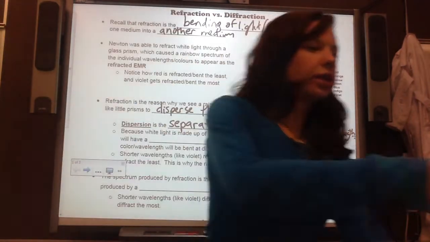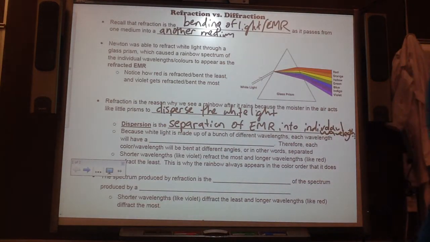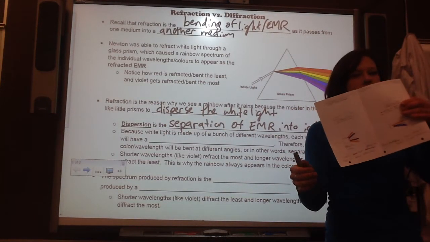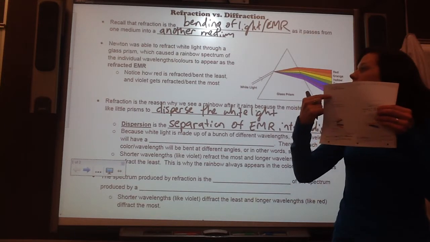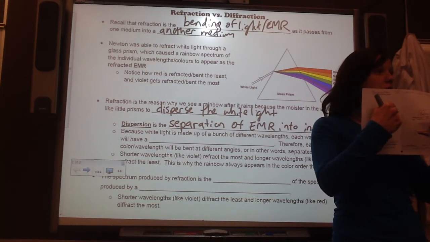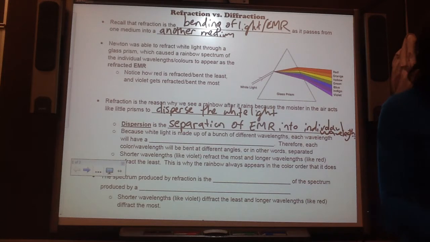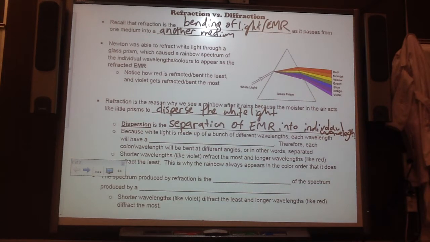So at the top of our sheet, where it says separation of white light, we could also have called that dispersion of white light. So either dispersion or separation, kind of meaning the same thing in that context.